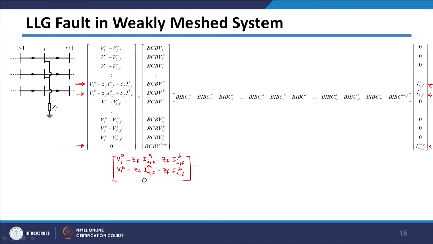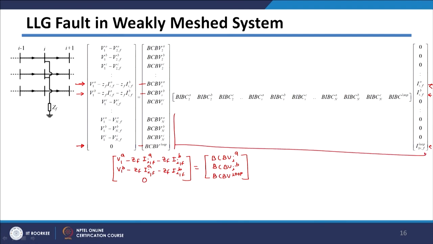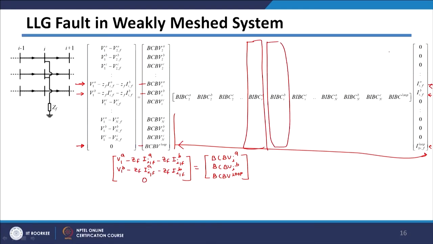So, this is your left hand side. From right hand side, we need to take this row and this row. So, it will be BC BV corresponding to A phase, BC BV corresponding to B phase, and BC BV corresponding to loop forming branches. So, these three rows, and if you observe this matrix part here, as we discussed here, only non-zero multiplying columns are basically these two, and the columns corresponding to loop forming branches.